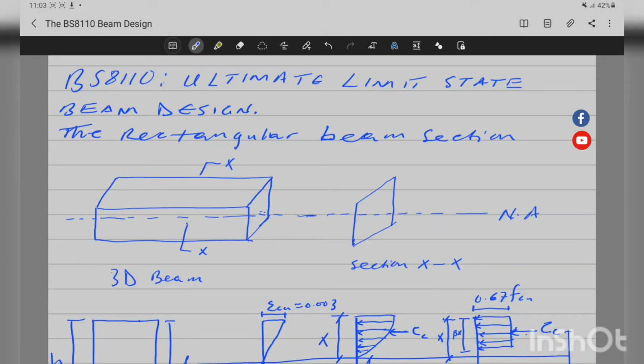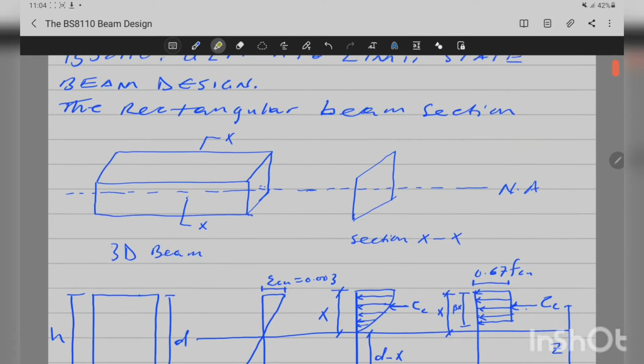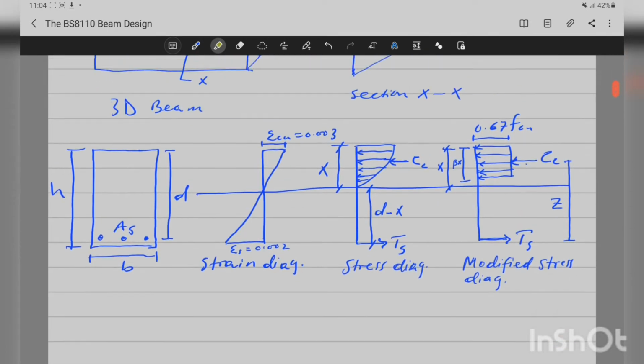Now here I'm going to discuss ultimate limit state beam design and the rectangular beam section. If we have a 3D beam such as this, and we need to determine the strength of this beam, how much moment can it support, here we're going to look at the stresses in the beam.